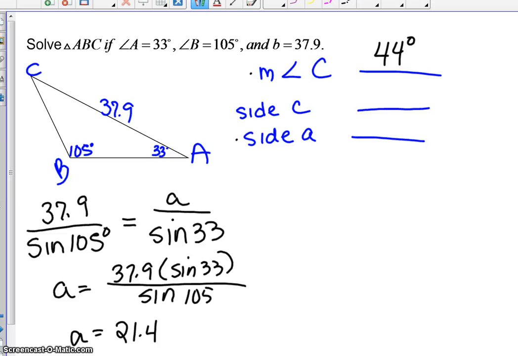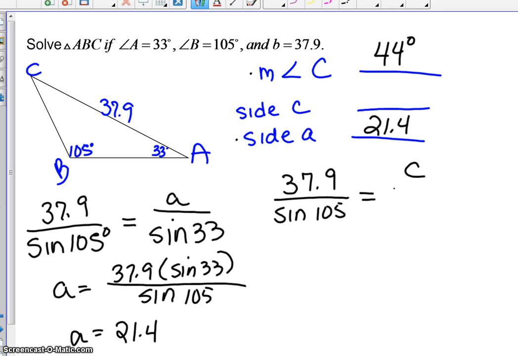Now I have to figure out side C. So I have 21.4 here. Again, we're going to use that same idea that the ratio of 37.9 over the sine of the angle across from it should equal side C over the sine of angle C. And angle C, if you remember, we calculated is 44 degrees.